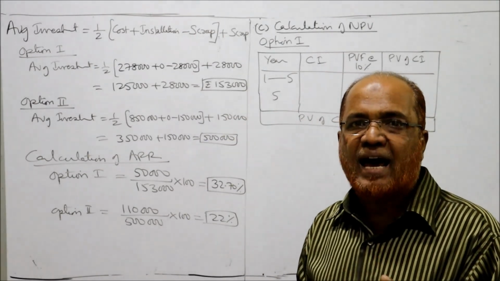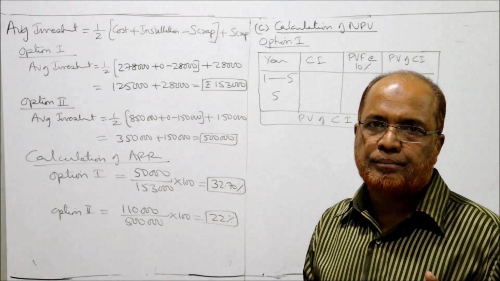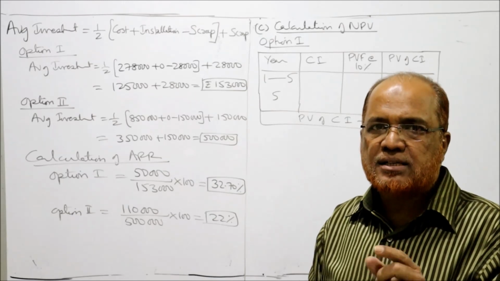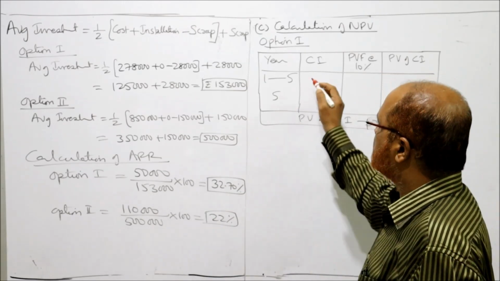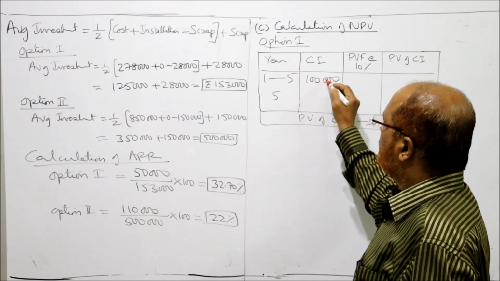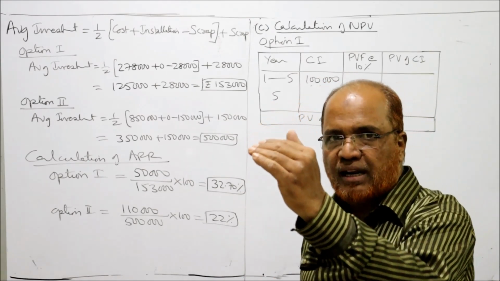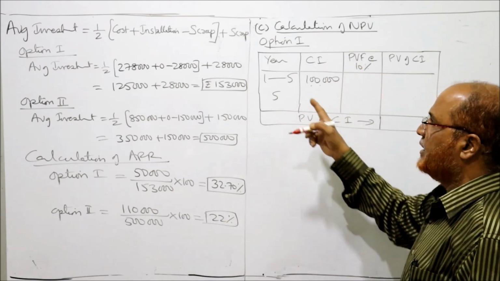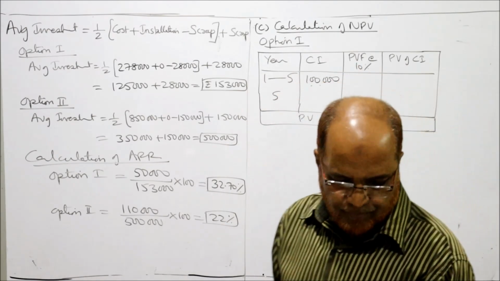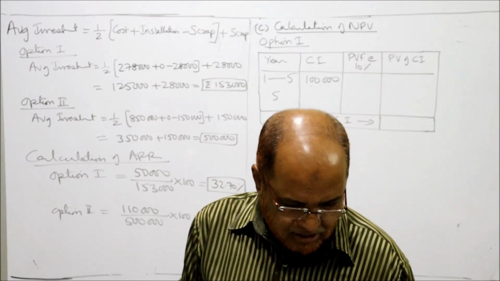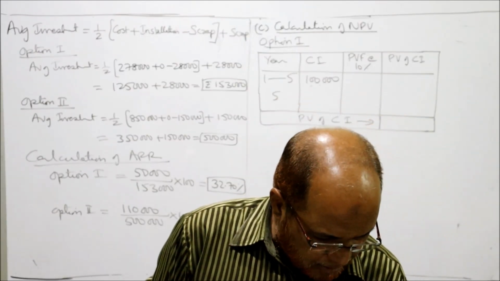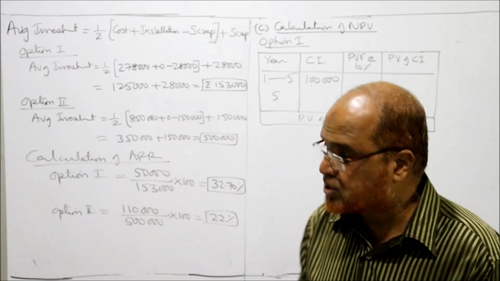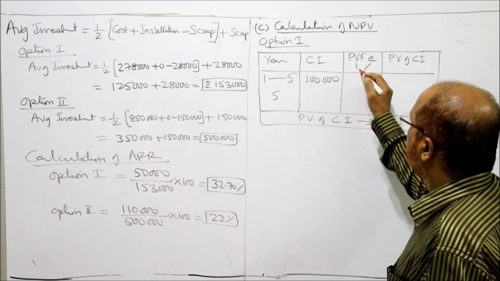So I am making use of annuity to save the time. Otherwise we can calculate individually for the 5 years. हर साल cash inflow 1 लाख रुपए constant है. So instead of taking 5 times 1 lakh, I'll take only one time, and here I'll take annuity. So 5 years, not 10%, it is 15%. It is given in the problem. Yes, cost of capital is 15%.